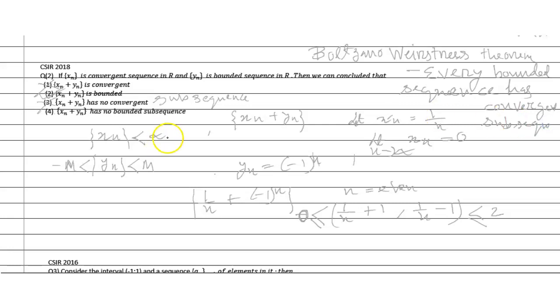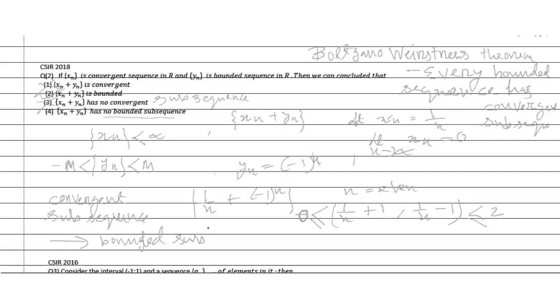So friends, according to the question, this portion is wrong because a bounded sequence has a convergent subsequence. A convergent sequence is bounded, because every convergent sequence is bounded, but the converse is not true.